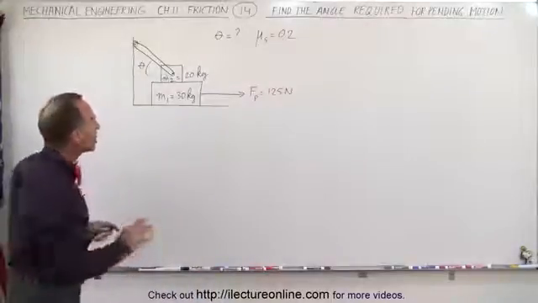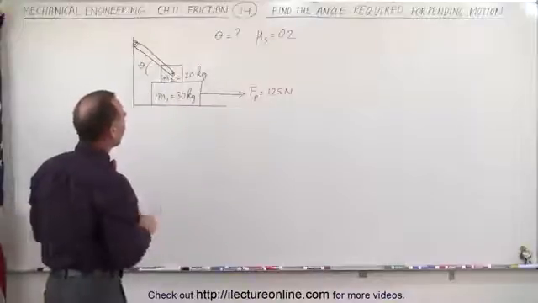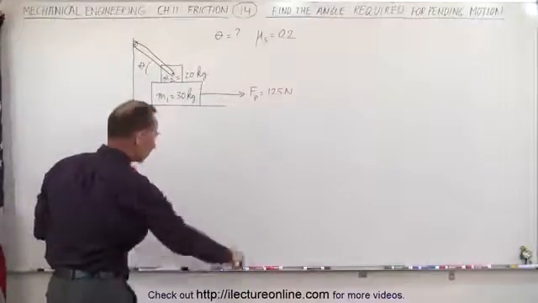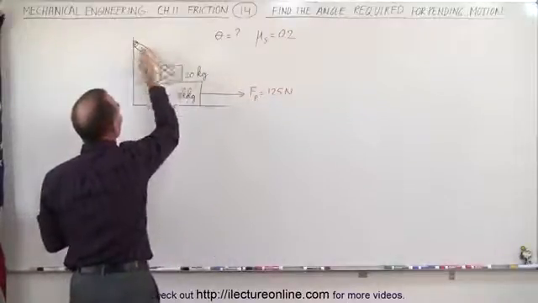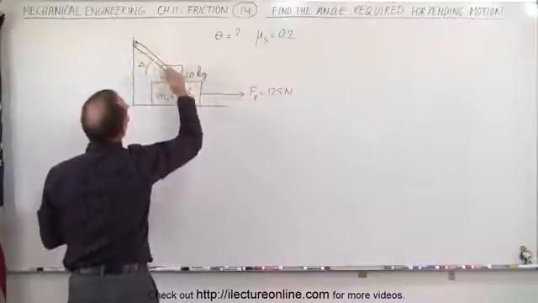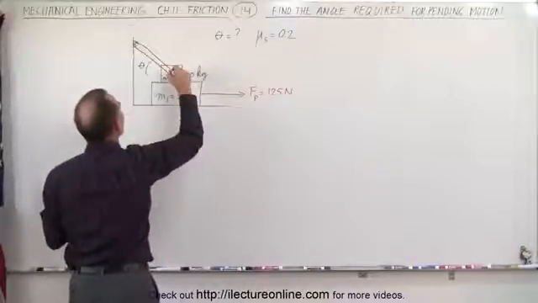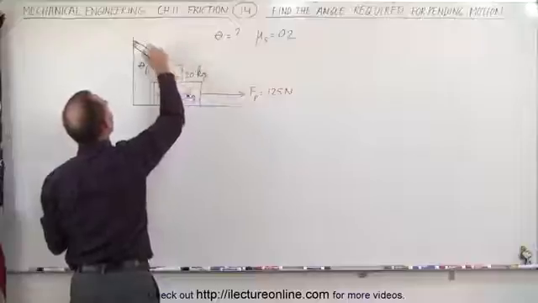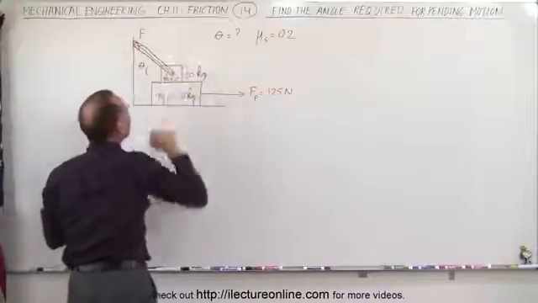Now what we need to do here is look at all the forces that are acting on this system. First of all, we know that this bracket, which can pivot in different directions, will be at a particular angle, and the force will be directed along the length of this bracket. That will be the force pulling back on M2.